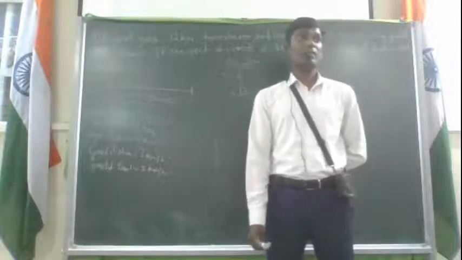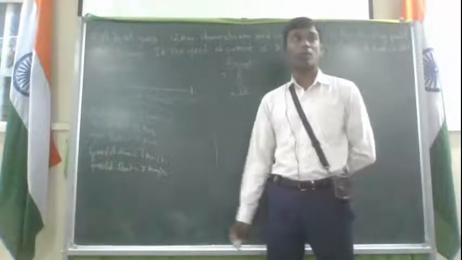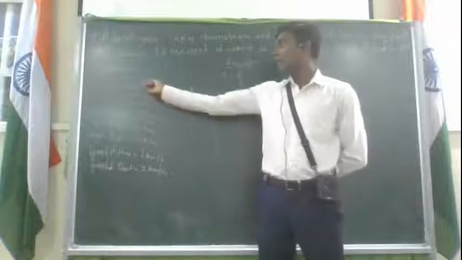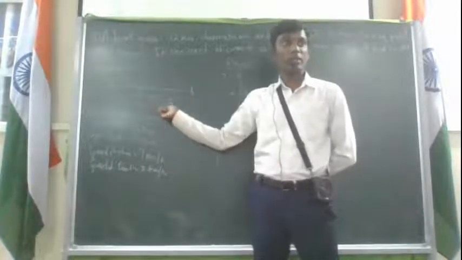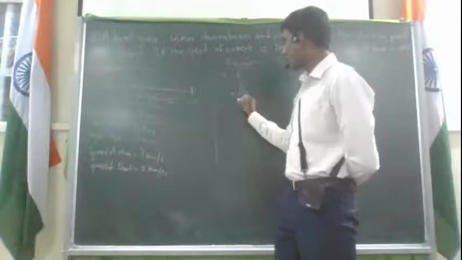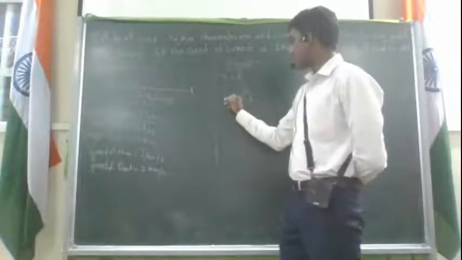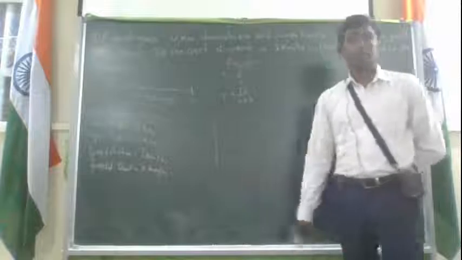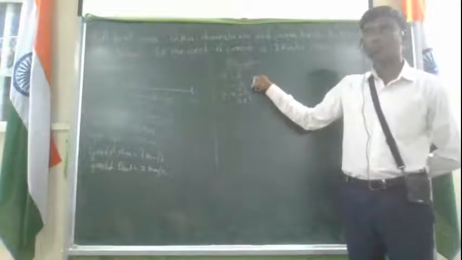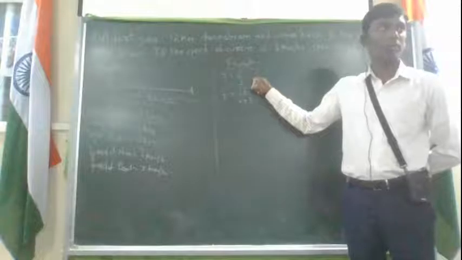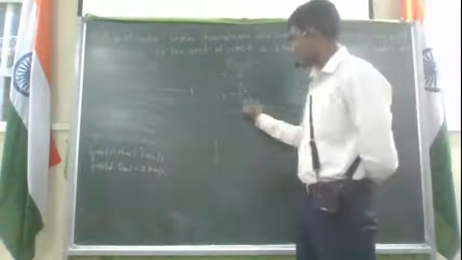Downstream speed means speed of the boat plus speed of the stream. So can I write here x plus 3? Did you understand? This is the time taken by the boat to go downstream. Idea clear?